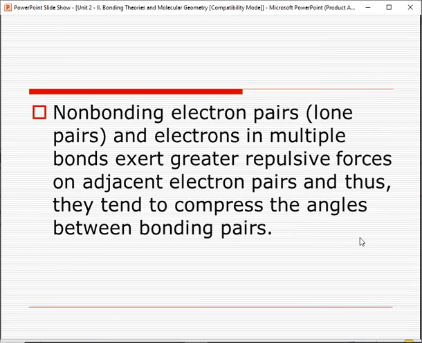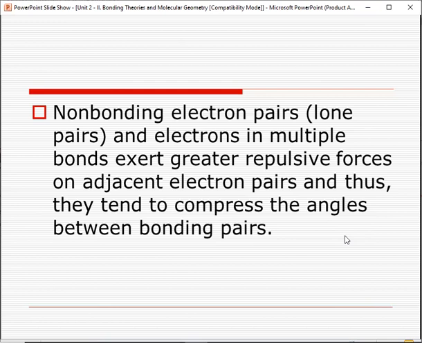Non-bonding electron pairs or lone pairs and electrons in multiple bonds exert greater repulsive forces on adjacent electron pairs, and thus they tend to compress the angles between bonding pairs. So the lone pairs and multiple bonds exert greater repulsive forces.